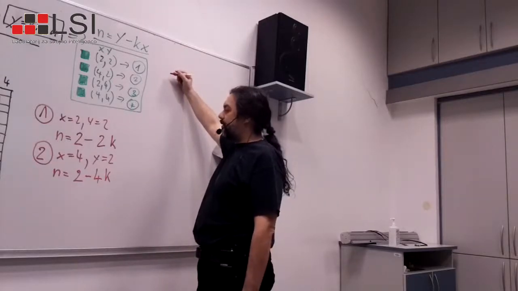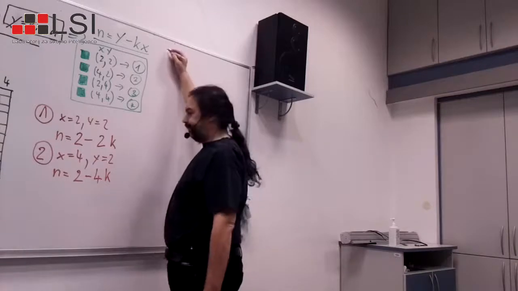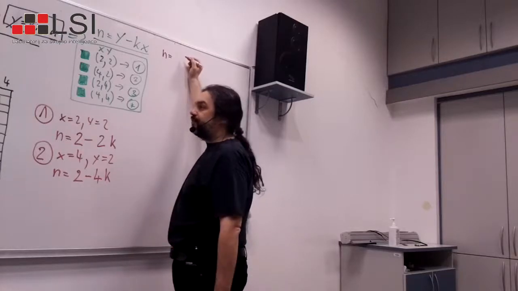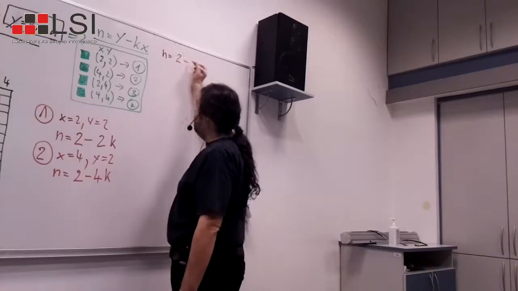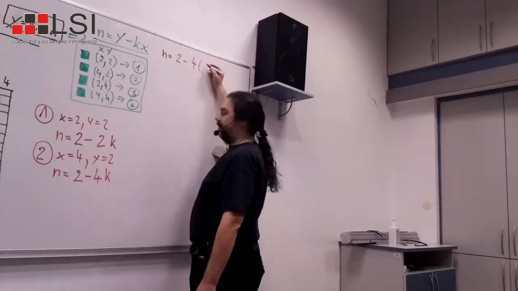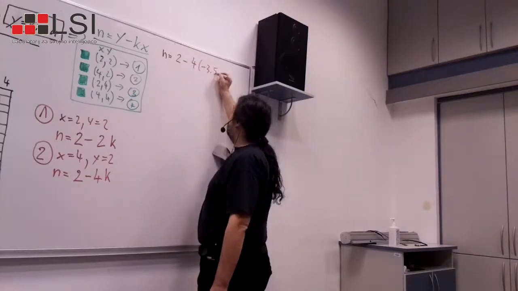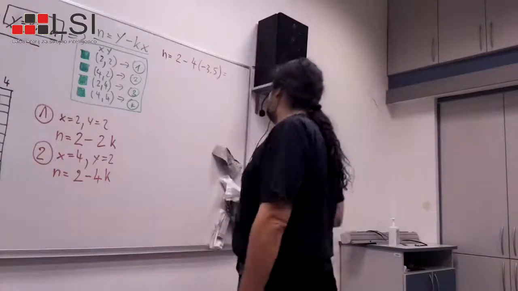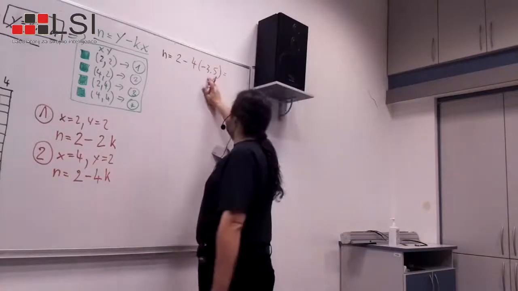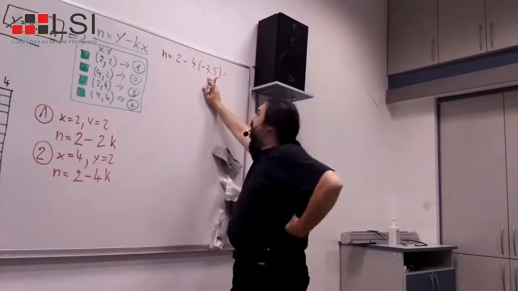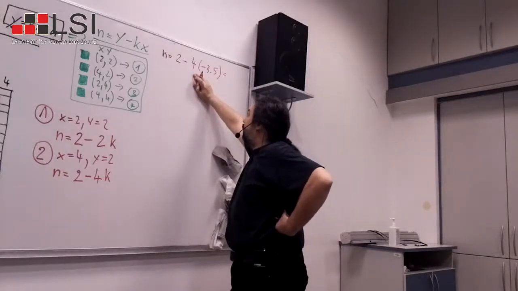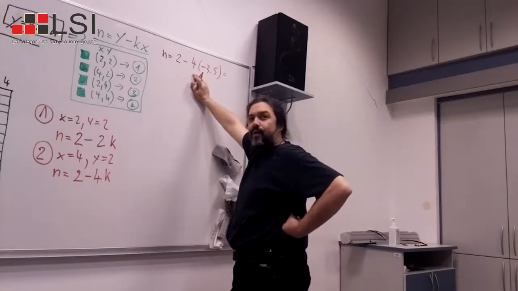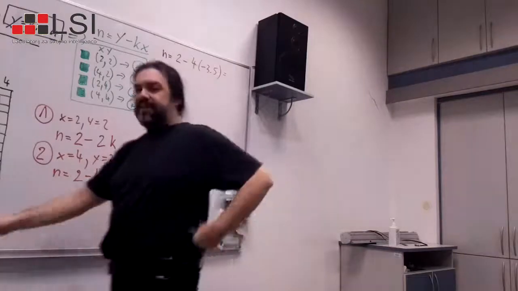We start with the first k, minus 3.5. n is 2 minus 4 times minus 3.5. Okay, this is getting a bit more difficult, but okay, 4 times minus 3.5 is minus 14. So we have 2 plus 14, which is 16.